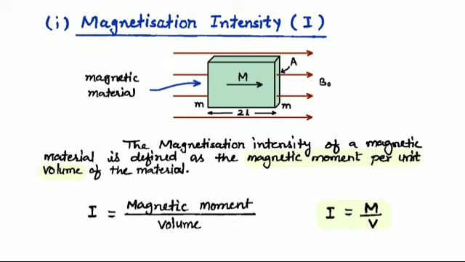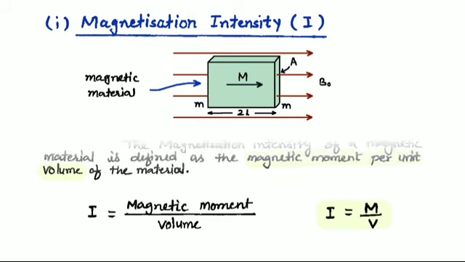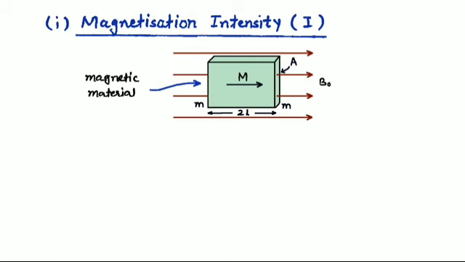In general, these magnetic moments orient randomly. Therefore, the net magnetic moment per unit volume of the material is 0. When such a material is kept in an external magnetic field, atomic dipoles are created and they try to align partially or fully along the direction of the external field.